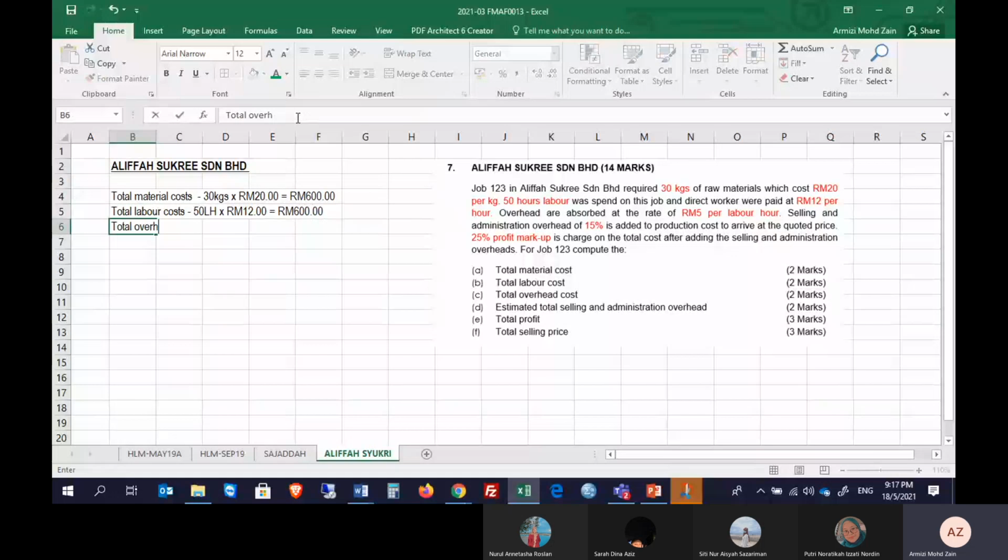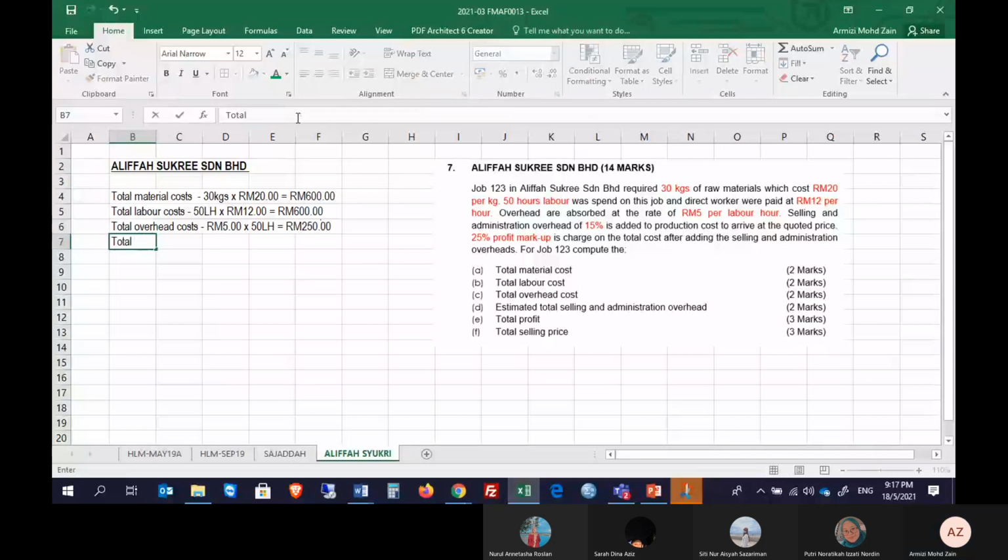Total overhead cost is RM5 ditambah dengan 50 labor hour, you will get RM 250 ringgit.